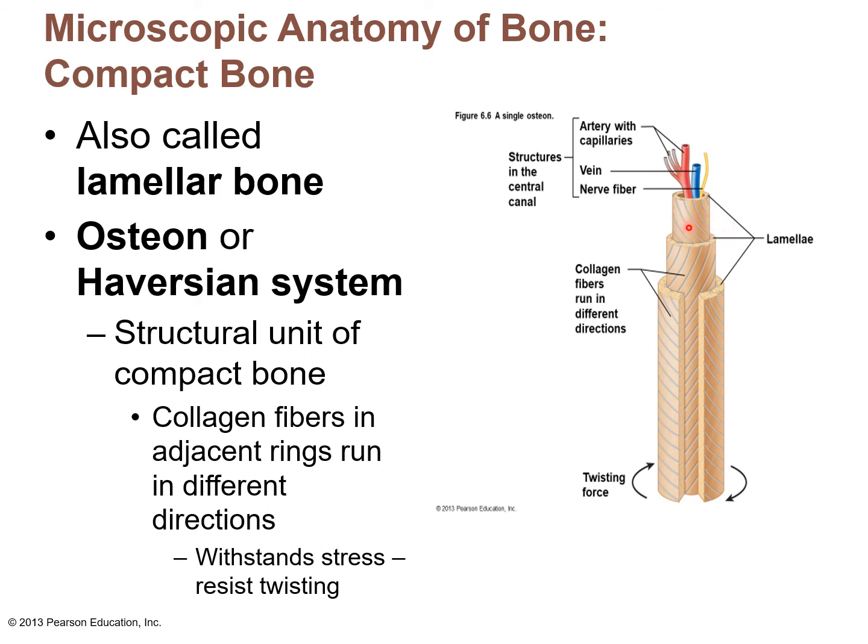So this is one, that's the second one, and that's the third one. Those lines that you are seeing within the lamella are actually representing collagen fibers. And you notice that the collagen fibers within each lamella are going in separate or opposite directions, and that can actually prevent twisting and can withstand stress.